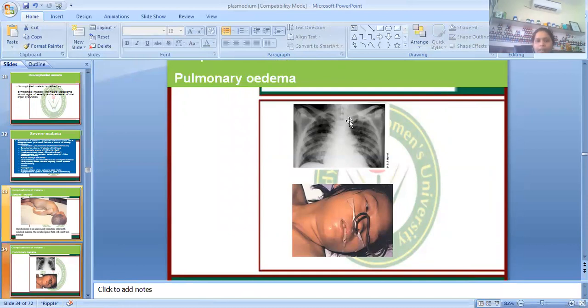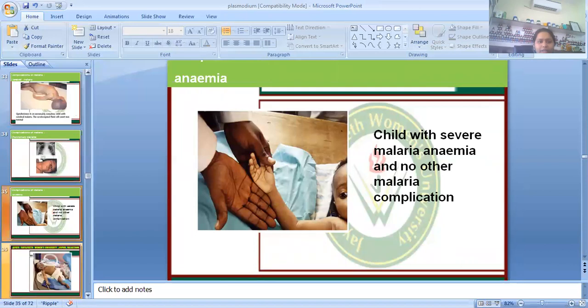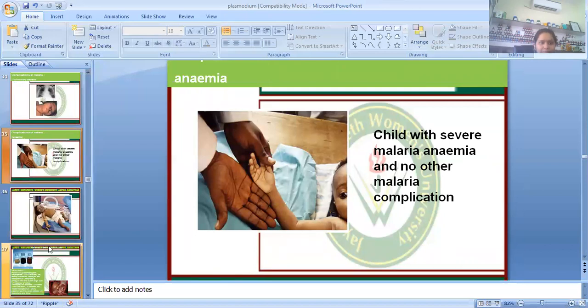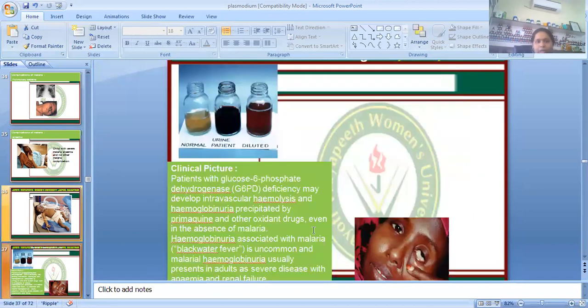Cerebral malaria, severe malaria, will cause pulmonary edema due to hypoxia. Now there are signs of jaundice. You can see the signs of anemia there, because RBC is destroyed continuously. This patient is again on a ventilator and having some clinical picture.